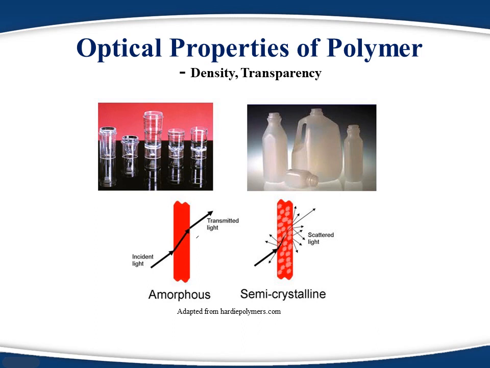As amorphous polymers are homogeneous materials, they allow light to pass through without significant loss in intensity. Whereas in semi-crystalline polymer, the majority of light is scattered by the crystals, so they appear opaque. Depending upon the end application, we can modify the optical properties of polymer.